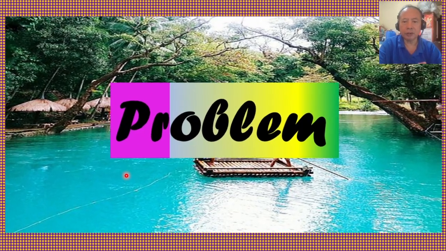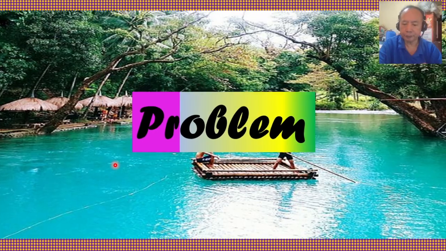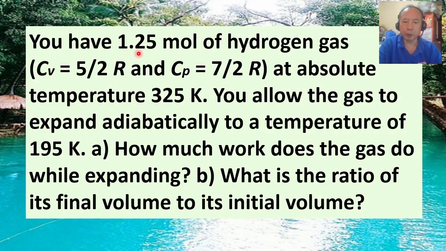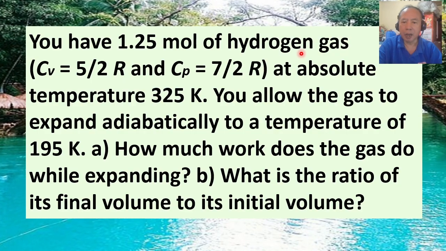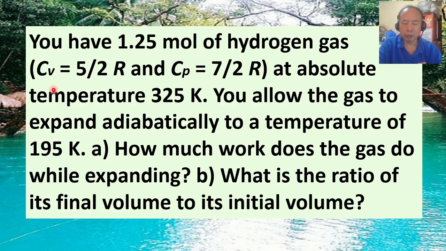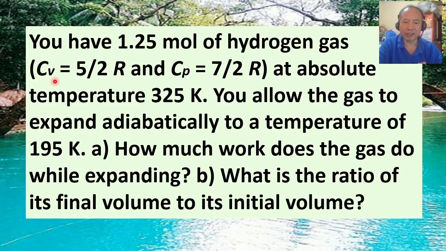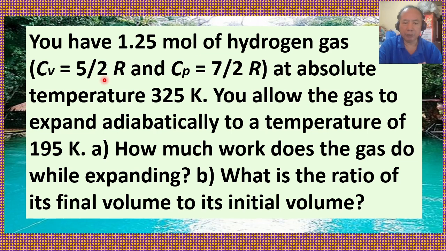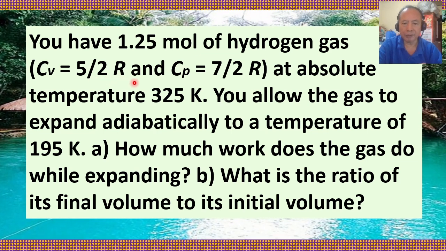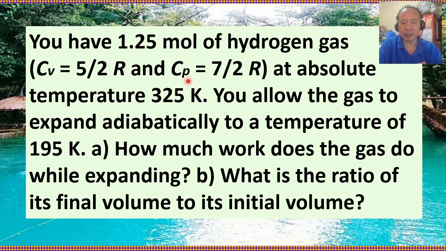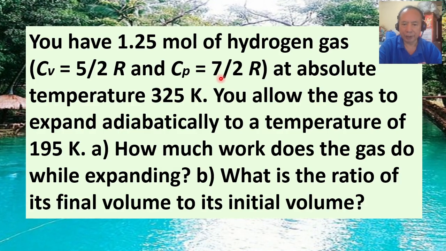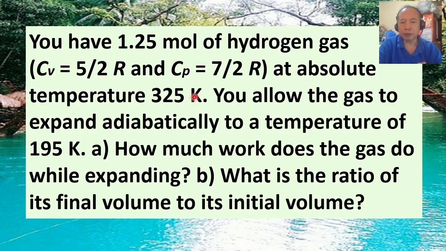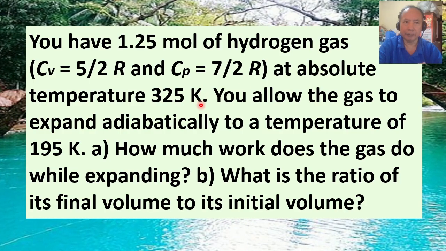And here is the problem. You have 1.25 moles of hydrogen gas, whose molar heat capacity, C sub V, equals 5 halves times big R, and molar heat capacity at constant pressure equal to 7 halves times big R at absolute temperature 325 Kelvin.